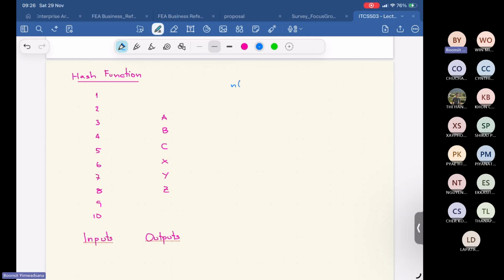So we say n of the output is less than n of the input. This is the basic requirements for a hash function. Why? Because in this case, if every input can be mapped to an output, there will definitely be some input that maps to the same output.